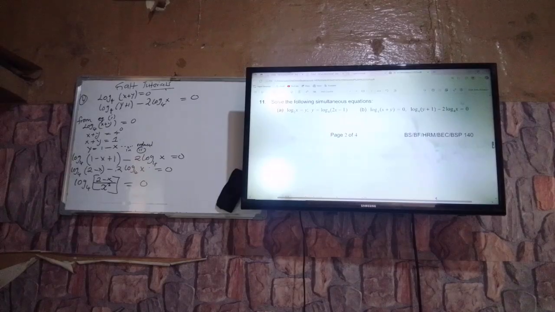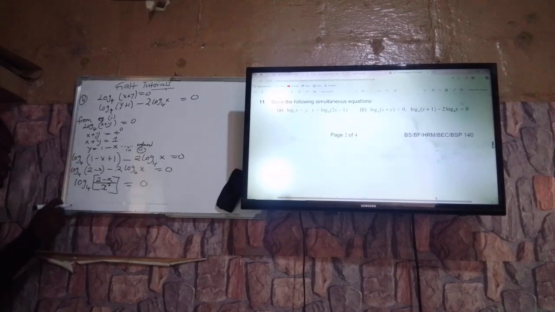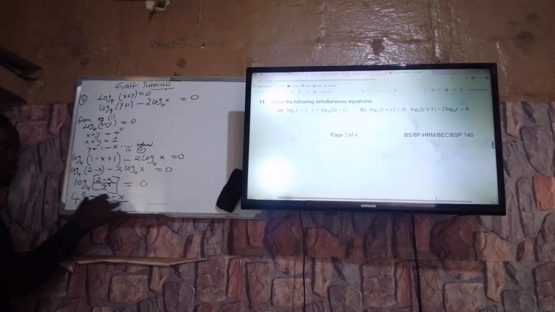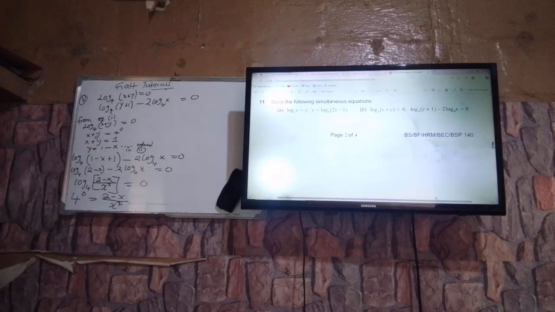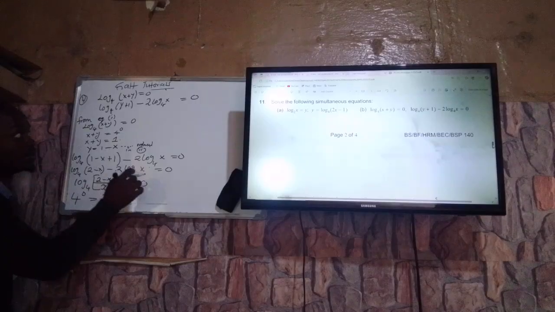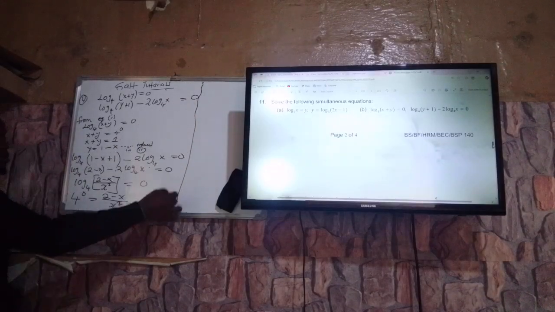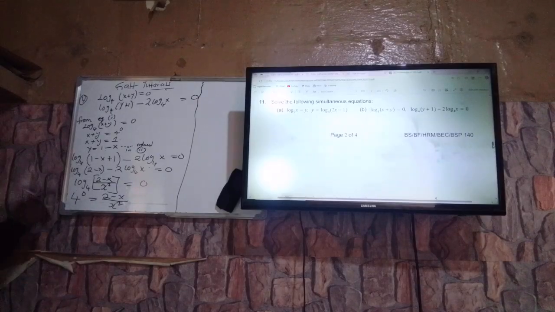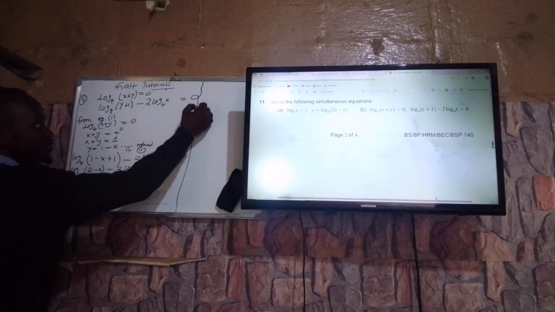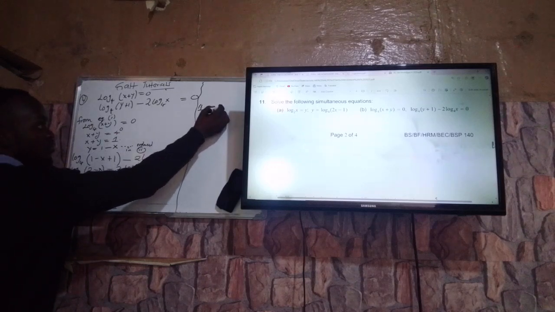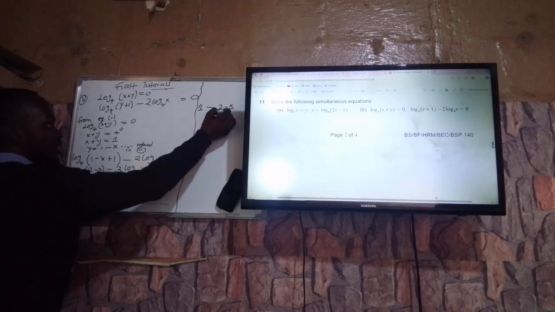So now let's find the value of x. Convert this to exponential form. This becomes 4 power 0 is equal to 2 minus x over x squared. We are okay? So we are going to have 4 power 0, which is basically just 1, to be equal to 2 minus x over x squared.